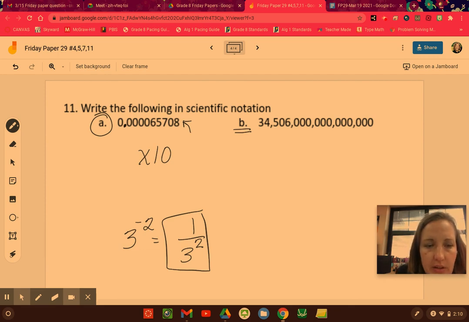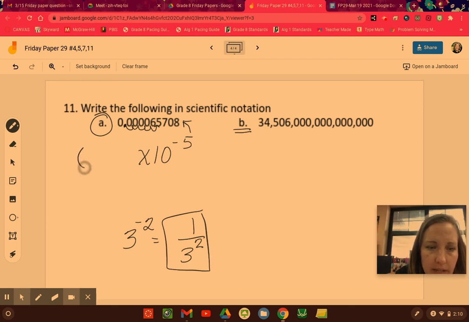So we got to figure out what we're going to use as our first number. We got to find a number between 1 and 10. So nope, nope, nope, nope, yep. How many times did I move that decimal over to get there? 1, 2, 3, 4, 5. That's going to be my negative 5 power, right?